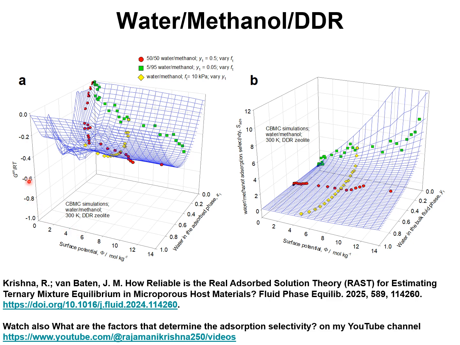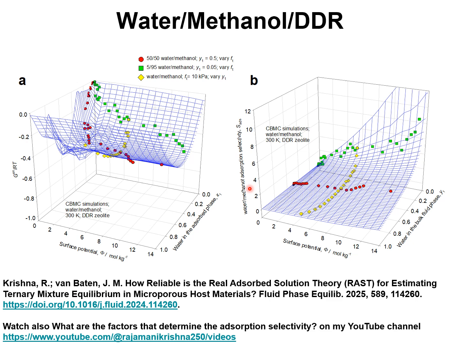The graphs here show the data determined from CBMC simulations for 50-50 water-methanol mixtures in DDR zeolite, 595 water-methanol mixtures in DDR zeolite, and the yellow diamonds are for mixtures in which the total fugacity in the bulk fluid phase is held constant at 10 kilopascal and the composition is varied. The excess Gibbs free energy is dependent on both the surface potential and the composition in the adsorbed phase.